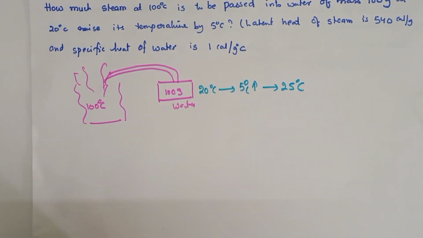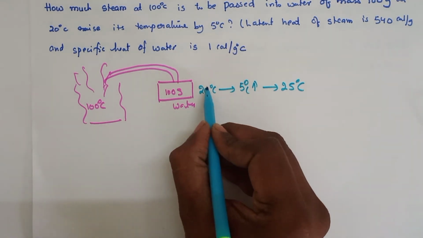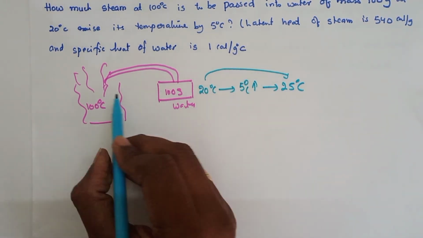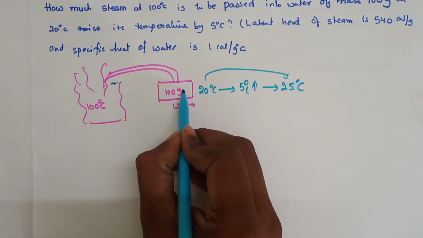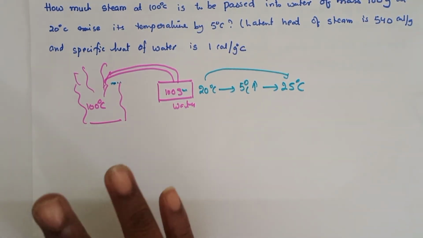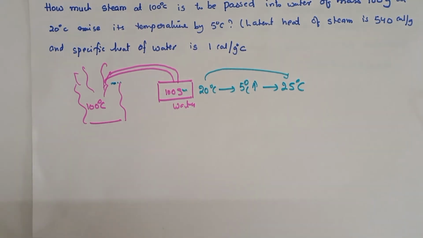So in order to raise the temperature from 20 to 25, how much steam can be supplied to 100 grams of water? This is a simple question.